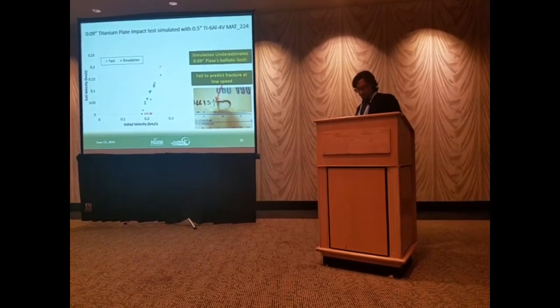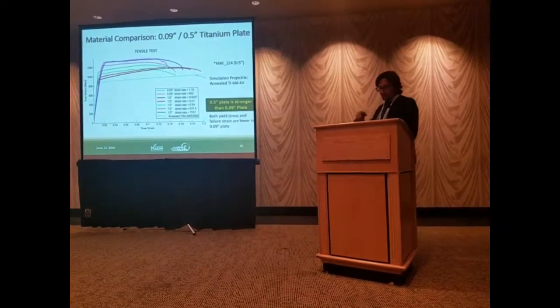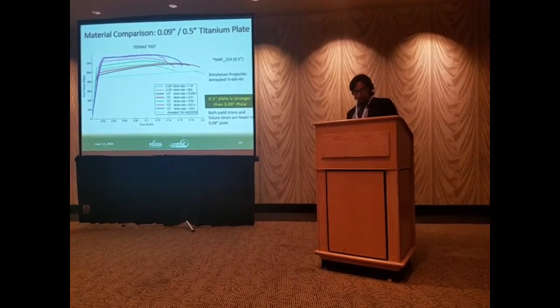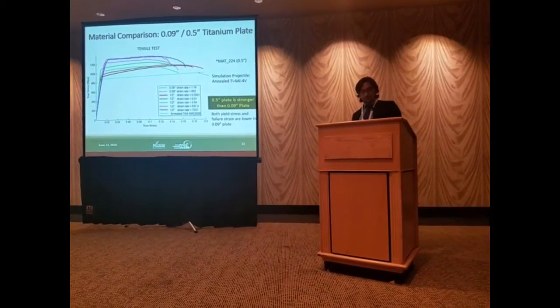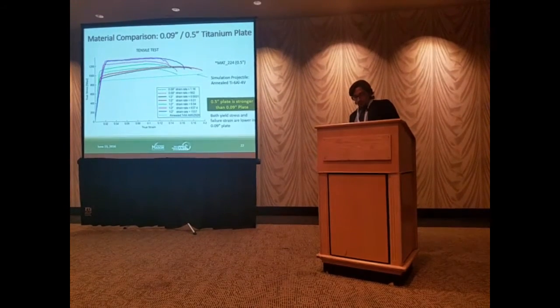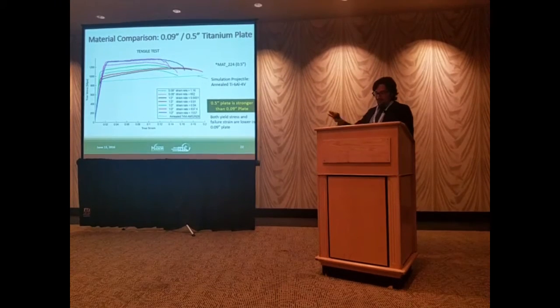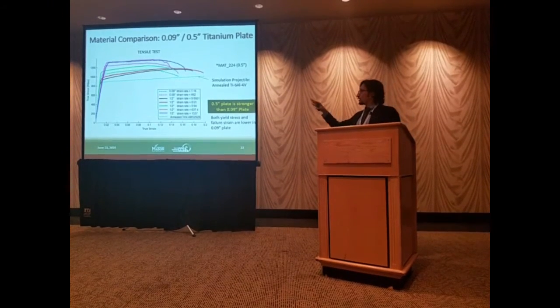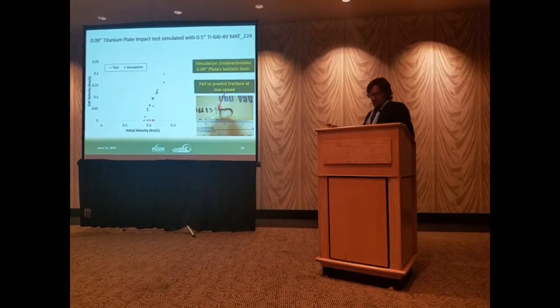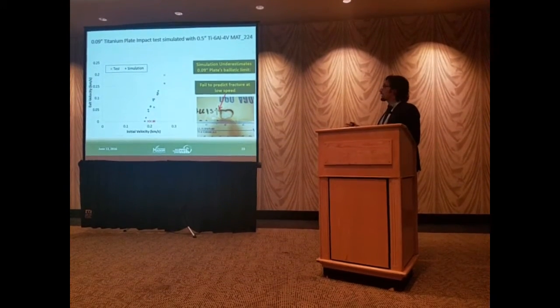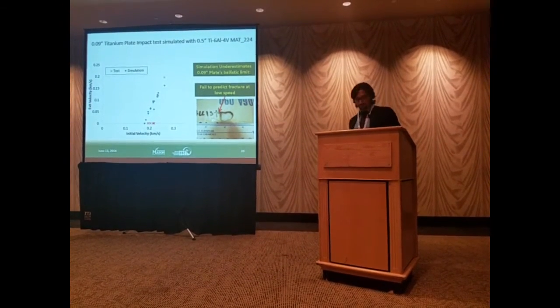So using the 0.5-inch plate to predict the 0.09 titanium plate is not particularly good. Just to be clear, it's not that the ballistic limit is off by 100%, but it is in the wrong direction of mechanical properties.